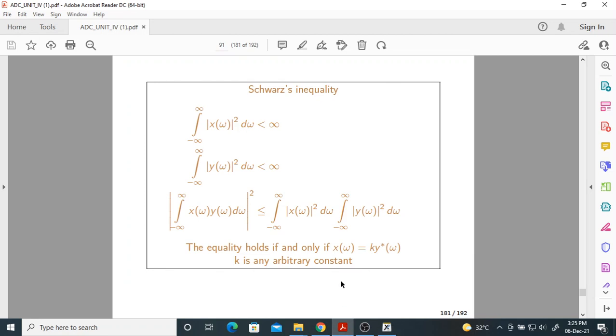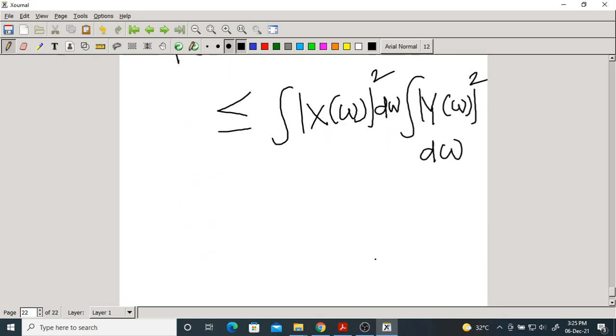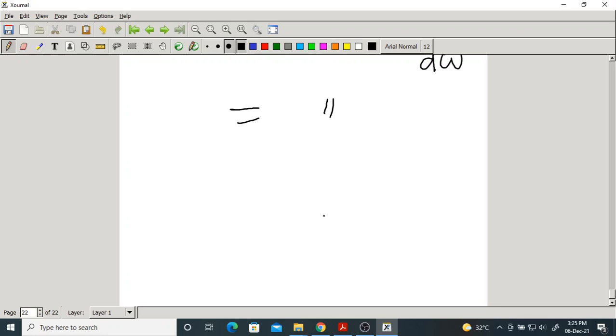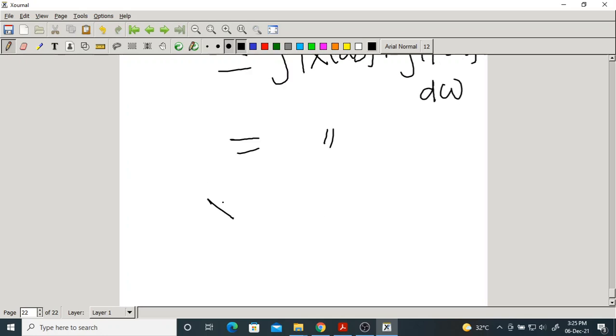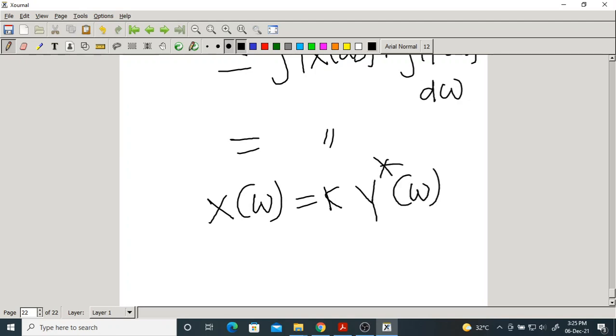You observe this very carefully. This is less than or equal to this into this, and it is equal if and only if x of omega is some k into y conjugate of omega. This is very, very important.